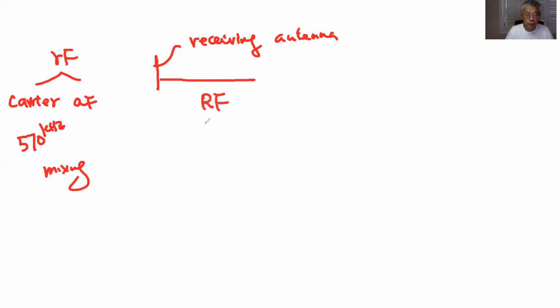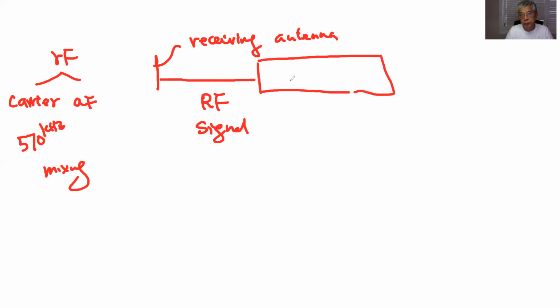So you receive this signal here, this RF signal, radio frequency signal, and then it goes through this demodulator. Basically you have a modulator to mix it, and now you have a demodulator. Now you separate them again.